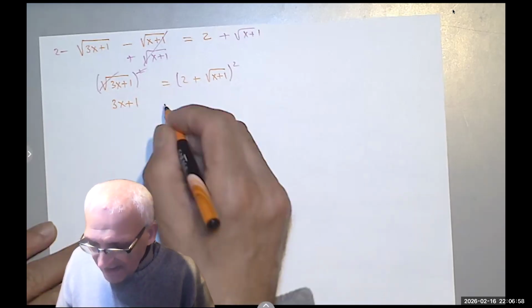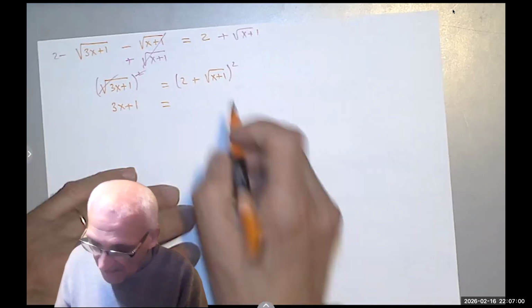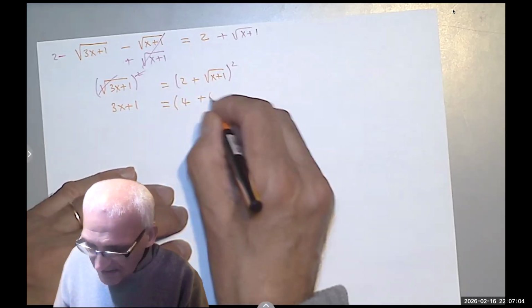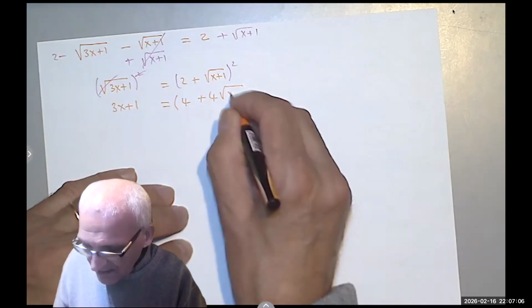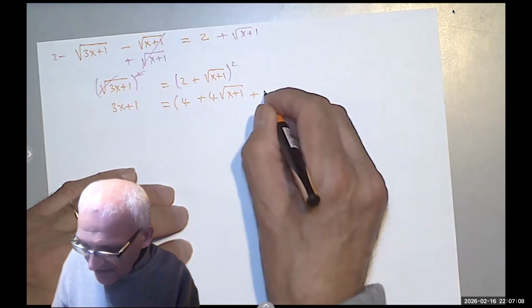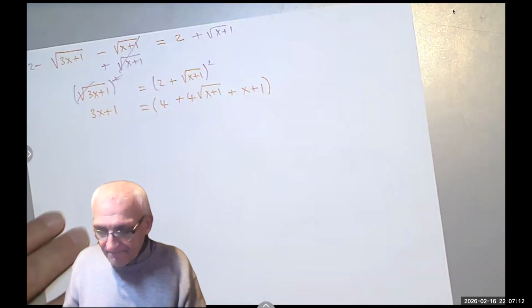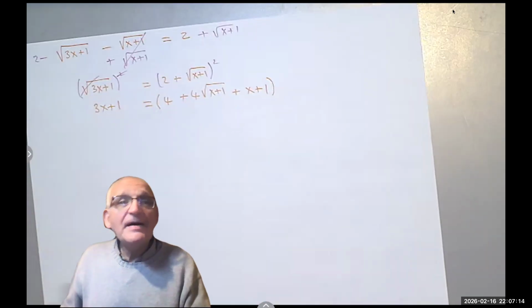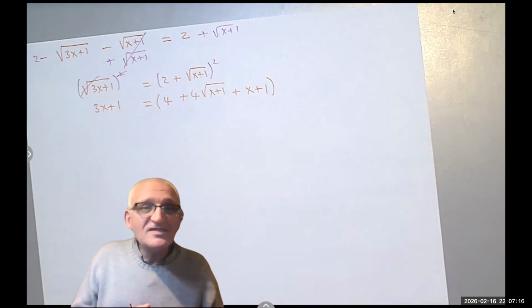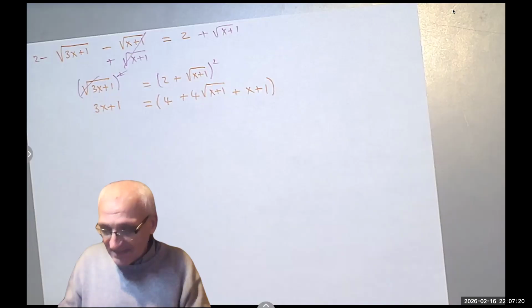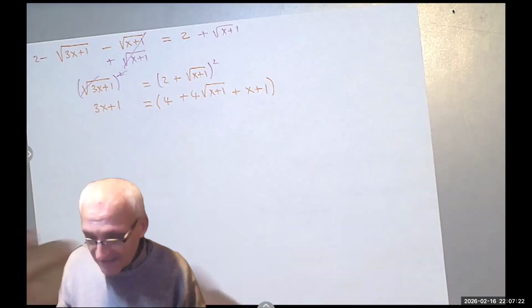The right-hand side becomes the square of the first plus twice the first times the second plus the square of the second. And now we can simplify by moving everything to one side, all the non-radicals to one side, and keep the radical on the right-hand side.